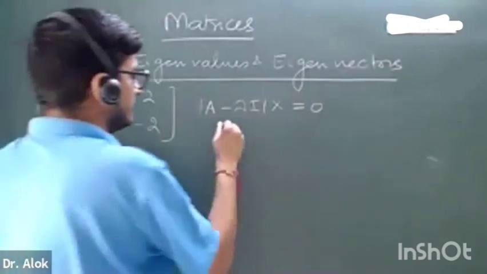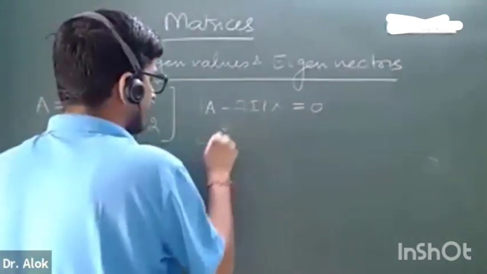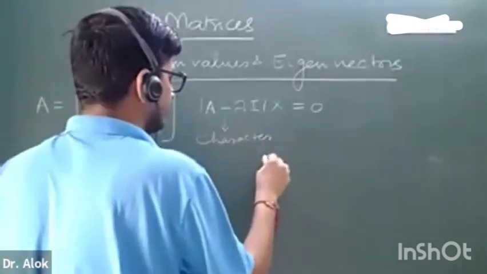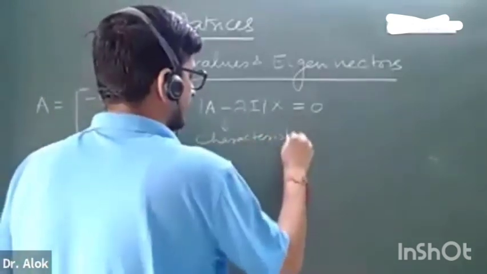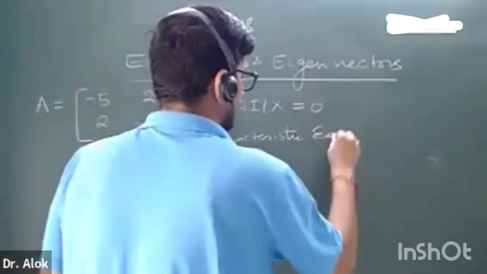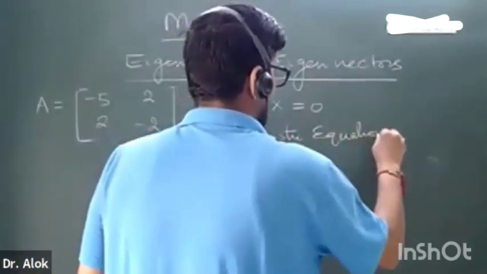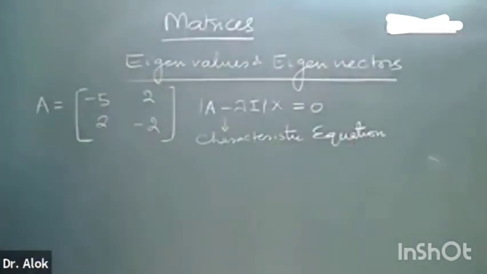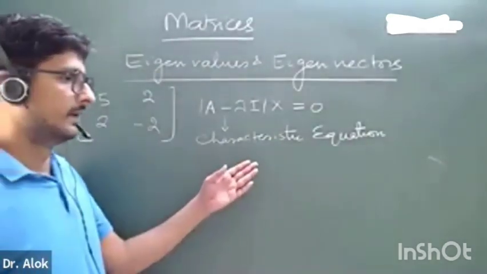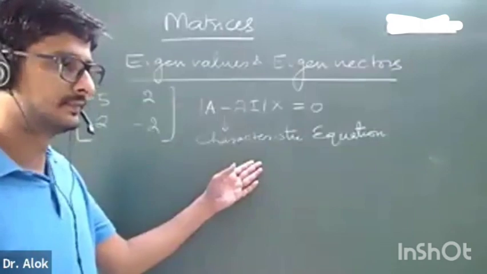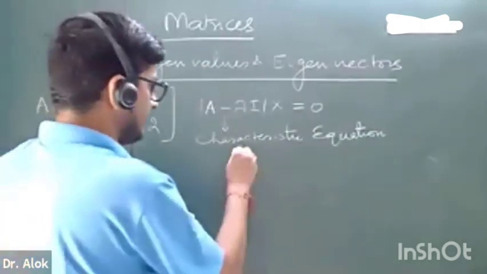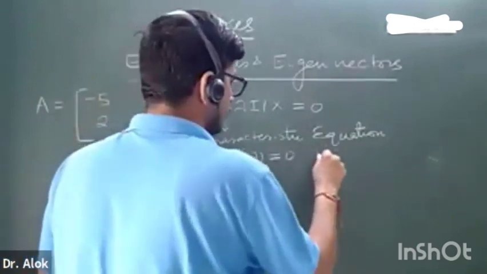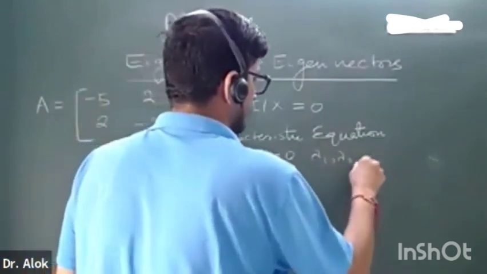where this characteristic equation will give some f(lambda) is equal to 0, its solutions lambda 1, lambda 2, like that.